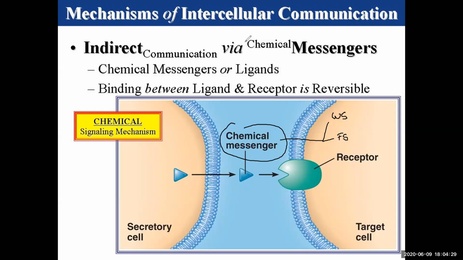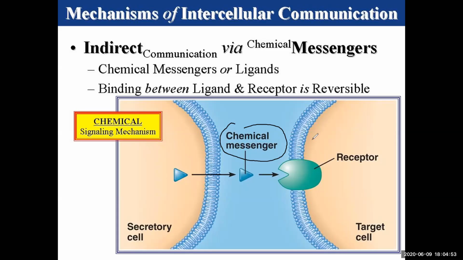If the chemical messenger is water soluble, then it will not be allowed to cross the cell membrane, because the cell membrane is fat soluble, and water soluble chemical messengers are not compatible and will not be allowed to cross that membrane.